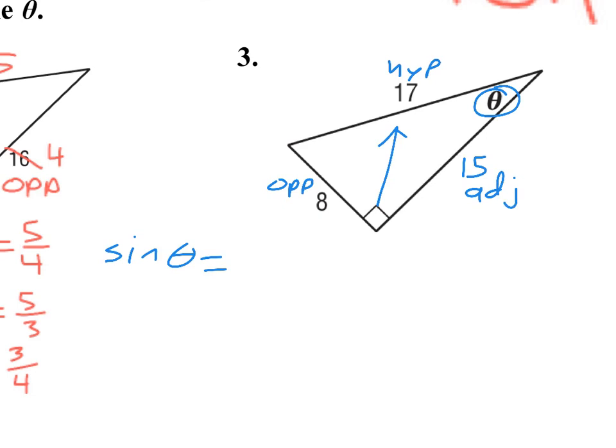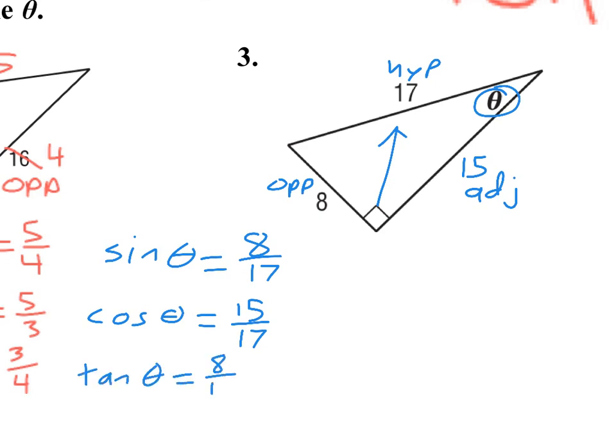So sine theta, opposite over hypotenuse. Cosine of theta is adjacent over hypotenuse. And tangent of theta, you can just take the two numerators that you just had and divide them.